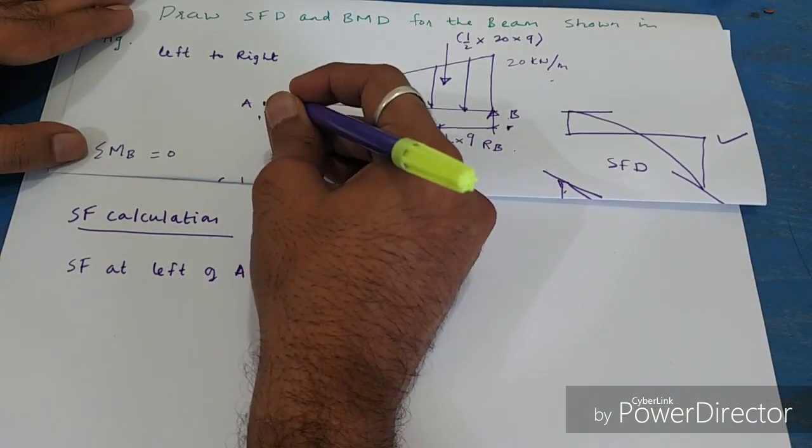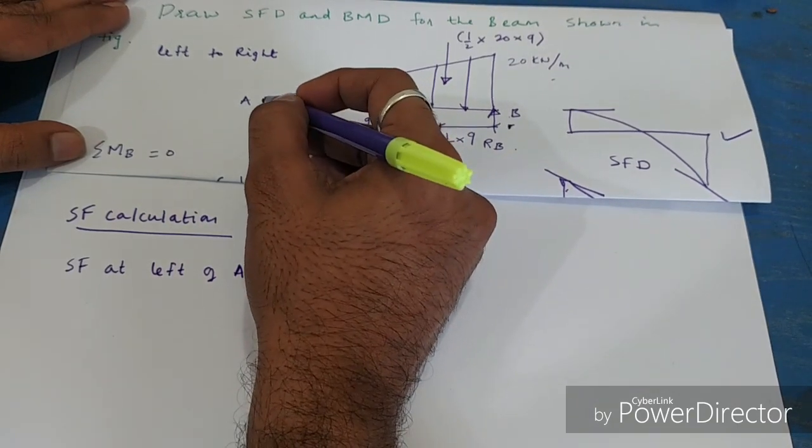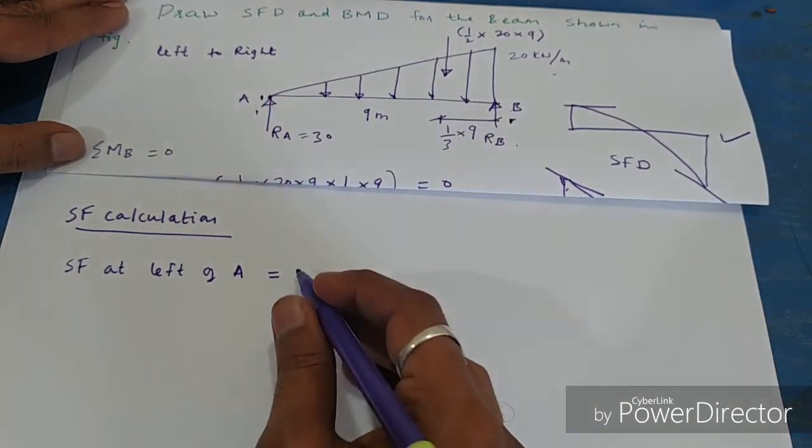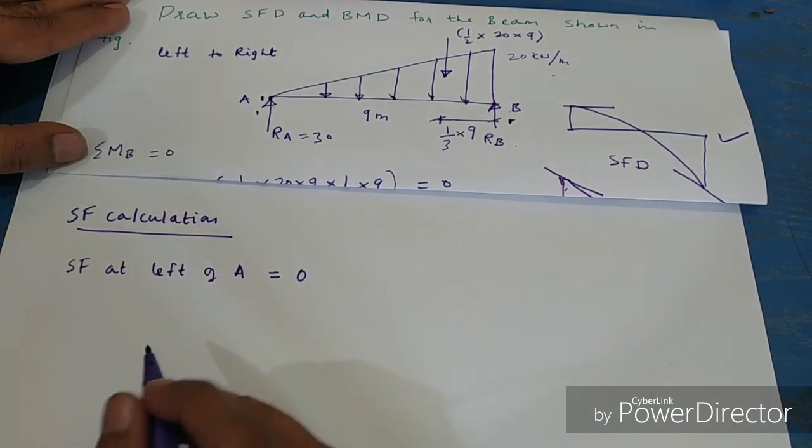At the left of the point there is no load. Left of point A there is no load. So shear force is equal to 0.